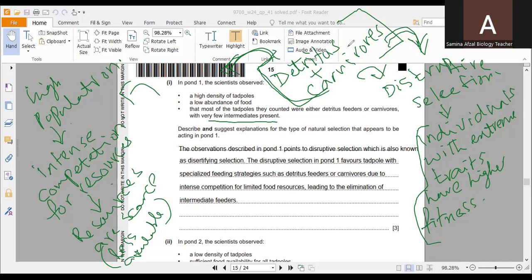Detritus feeders might have special mouth parts, and these special mouth parts can be used for scraping and filtering detritus. On the other hand, the carnivores have adaptations for catching and consuming prey. So in this way, they have special types of adaptation.